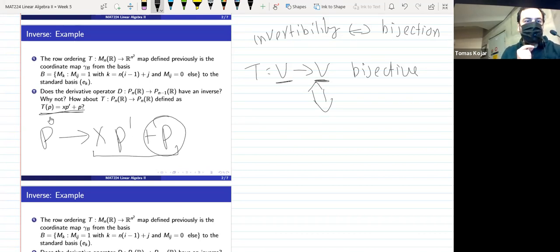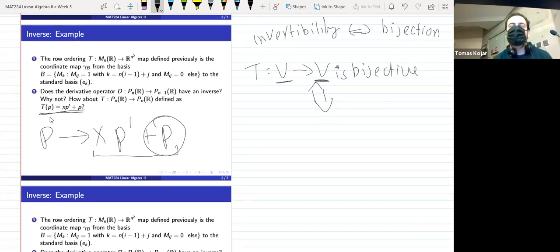We're talking about showing that T is bijective. There's a quick way to do it.